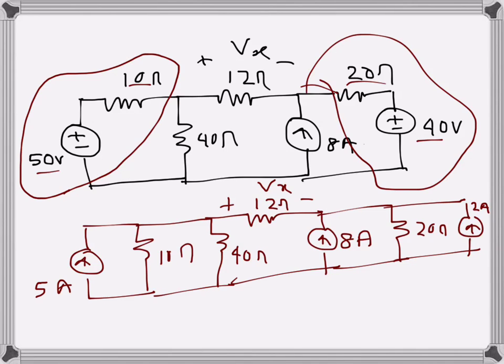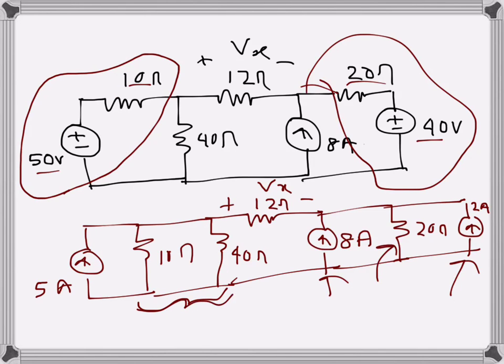Now I will combine these two parallel resistances into one, and these two current sources are in parallel basically because there is nothing in series in between them, just a parallel resistance, so I can add them up.